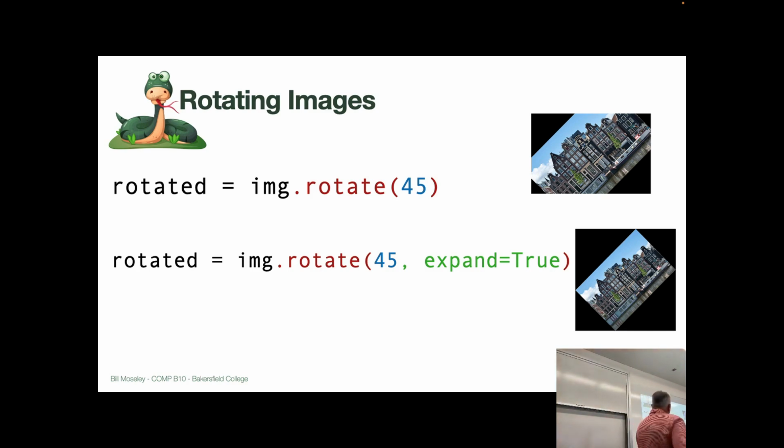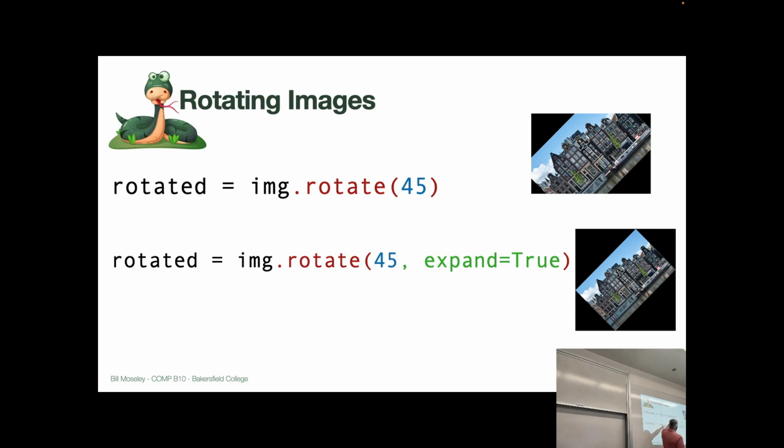You can also rotate an image. One thing I want to point out, in case you didn't notice, is that when you rotate an image in Pillow, the image dimensions stay the same. It's still a rectangle, the same size as the original. What gets rotated are the pixels inside it. In this case, it chops off the corners because a rotated rectangle can't fit inside the same size rectangle.